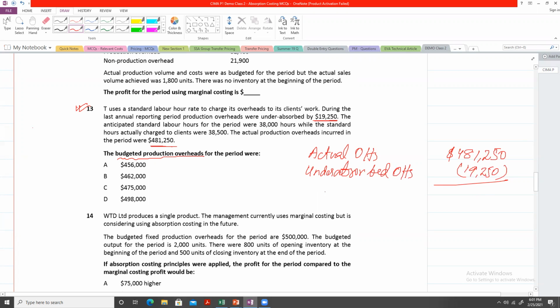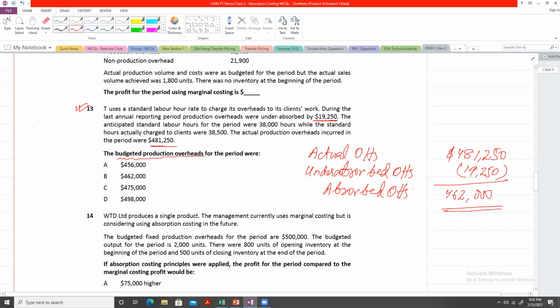So we will get absorbed overheads as how much? 462,000. This is the amount of absorbed overheads. And how do we calculate absorbed overheads?